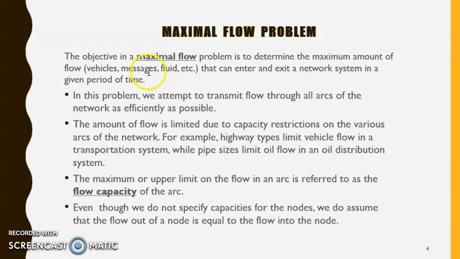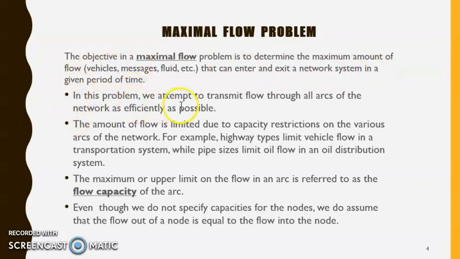And as I told you, the most famous examples of this type of model are vehicles, traffic ones, but you can go for fluid, messages, electricity networks and all those things, because you want to make sure the infrastructure you have available can meet the demand that can enter and exit a network system in a given period of time.